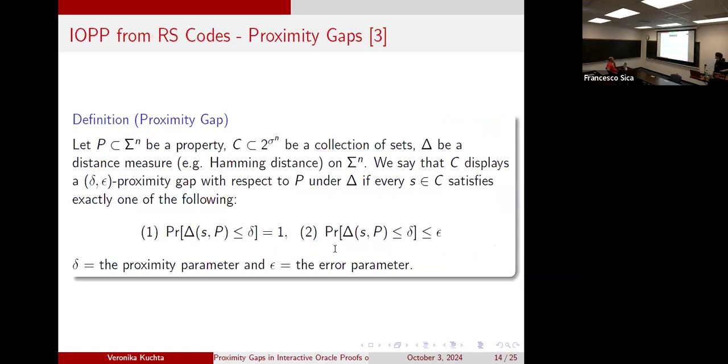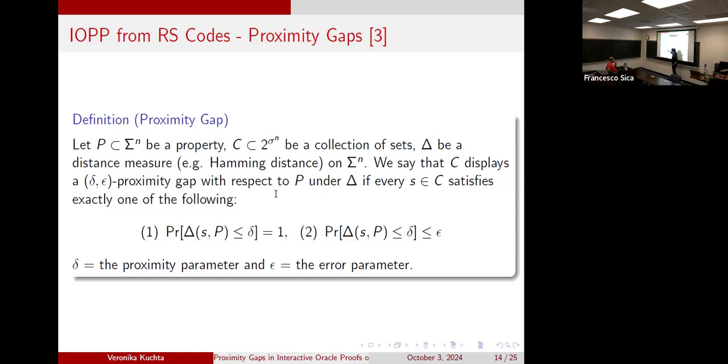And this is what leads us to the definition of a proximity gap. So first of all, here is a formal definition of a proximity gap. We say that, for instance, a linear code C displays a delta-epsilon proximity gap with respect to the Reed-Solomon code, under a distance like the Hamming distance, if every code word satisfies exactly one of the following properties.